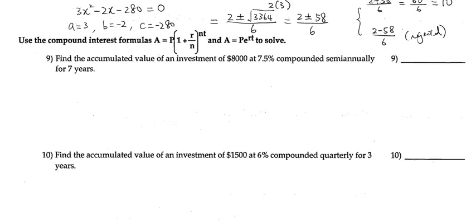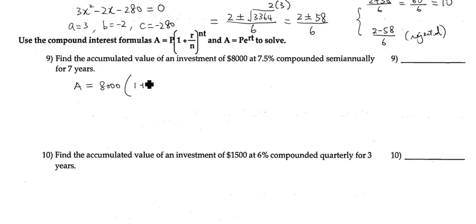So let's take a look. A will become, what is the P? 8,000 times, open parenthesis, 1 plus, what is the R? R is what? 7.5%.